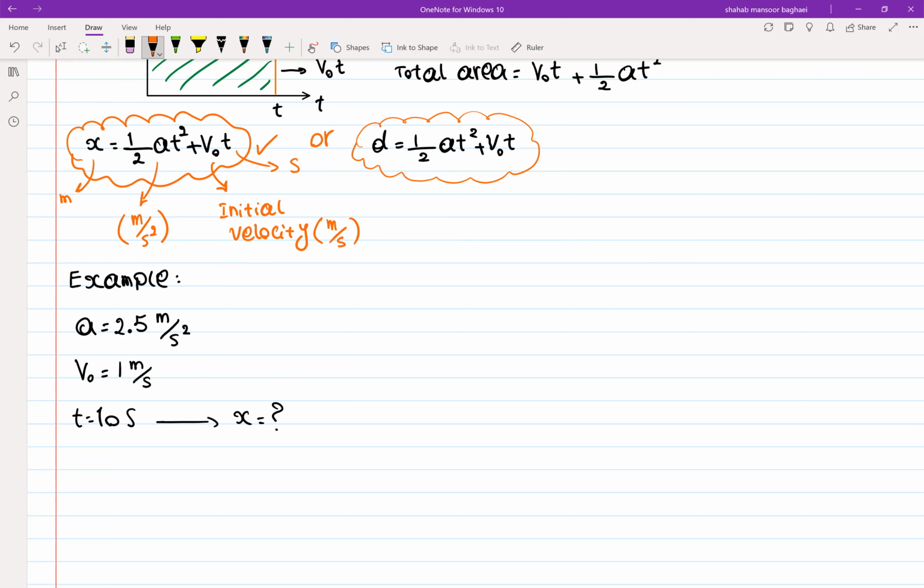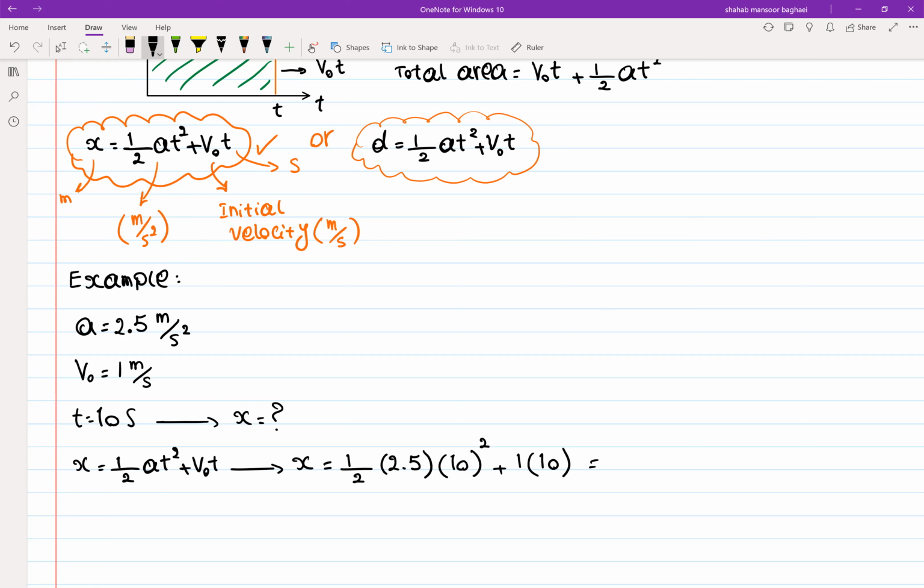Okay, just follow this equation here: X equal to half a t squared plus V0t. So X equal to half, A is 2.5, time is given, that's 10, 10 square, plus V0, it is 1 meter per second, times 10.